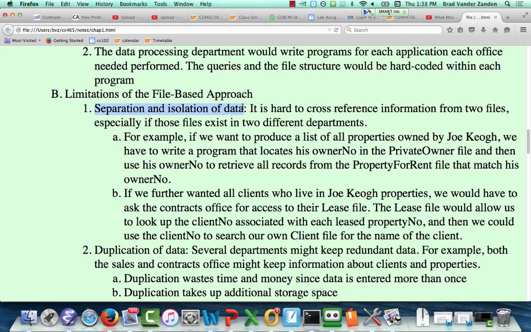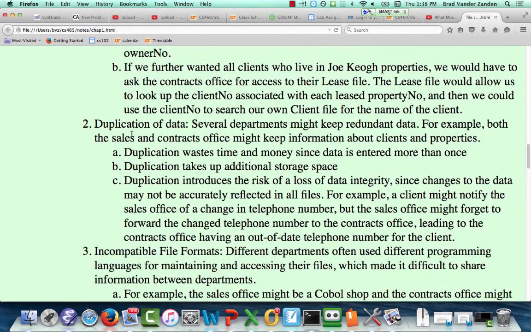And if those two departments are separate, it may not be easy to cross-reference them. One may be stored in COBOL format, one in Fortran format. We can't easily make them talk to each other, so that was an issue.